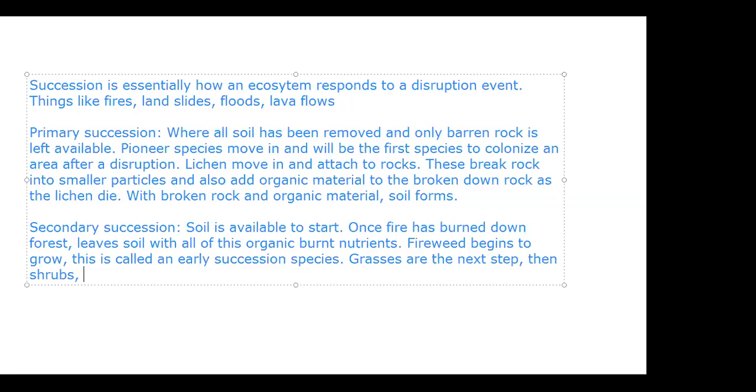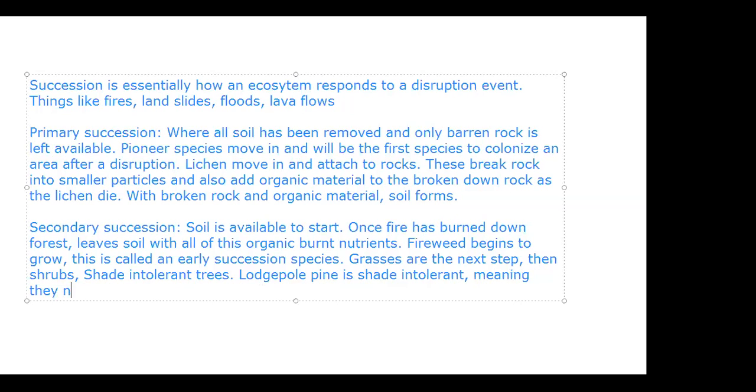Sometimes this is your finishing thing, and sometimes it's not. We're going to grow our shade intolerant trees, okay? These are going to be things like pine trees, okay? So like a lodgepole pine is shade intolerant, okay? This means they need a lot of sun to grow, okay?